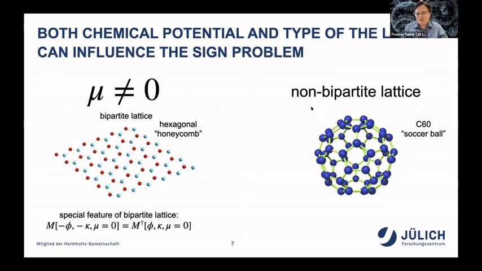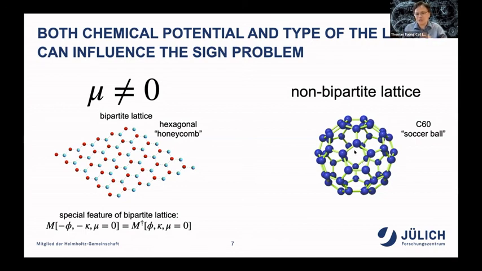Even if you had 0 chemical potential, if you have a non-bipartite lattice with interactions, for example, C60 here, which is an American soccer ball or Fußball, as we say here in Germany, the presence of these pentagons, and there have to be 12 pentagons here, makes this geometry non-bipartite. The pentagon, you can quickly convince yourself, cannot be colored in 2 colors. It needs at least 3 colors.